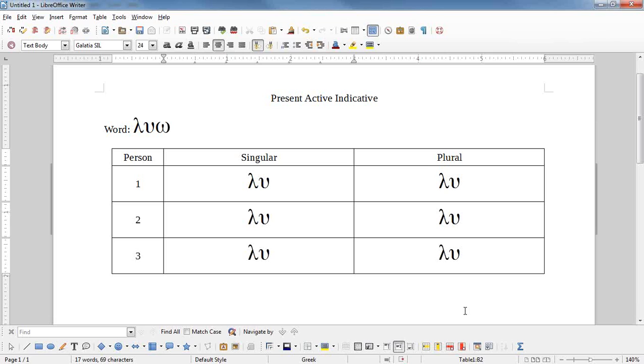All right, so once we do that, that's our stem for this verb.